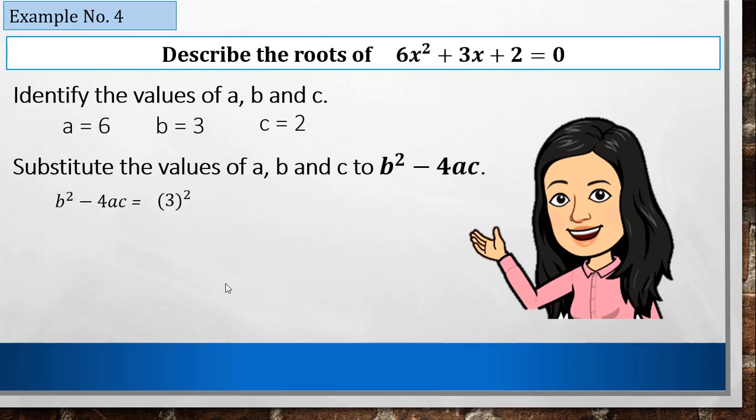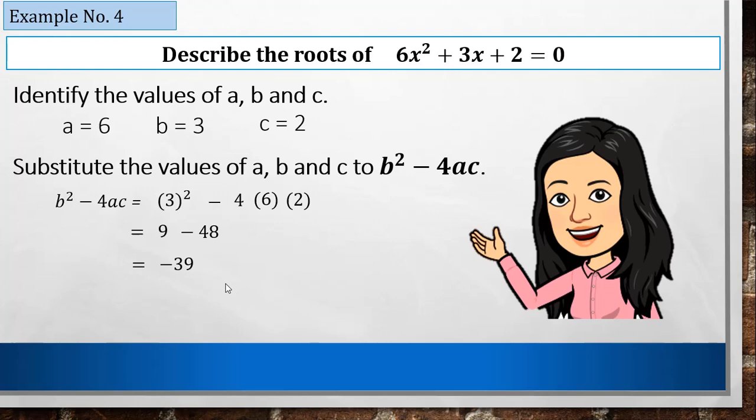So, magiging 3 square minus 4. And then si A, palitan ng 6. And then si C, palitan ng 2. And then simplify. 3 square, the answer is 9. Minus 4 times 6, 24 times 2 is 48. So, 9 minus 48, the answer is negative 39.